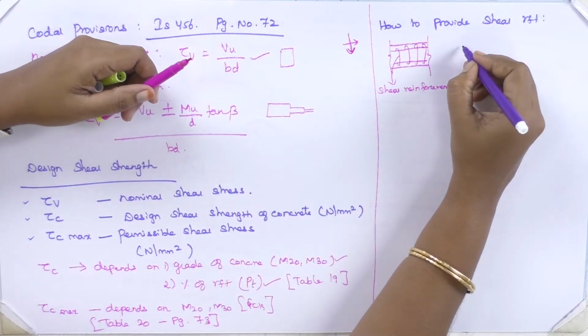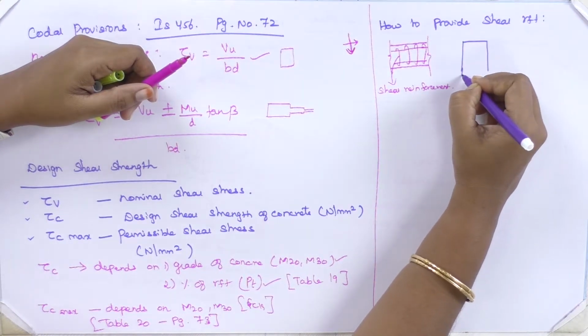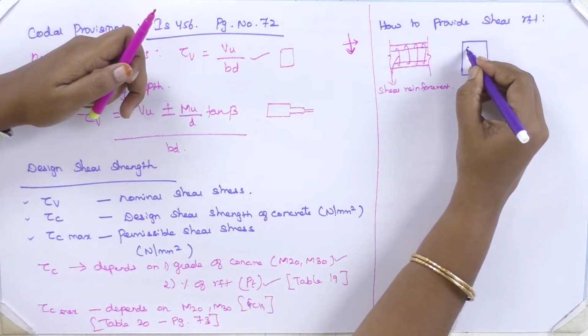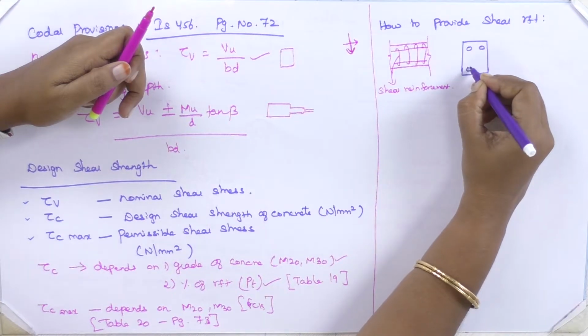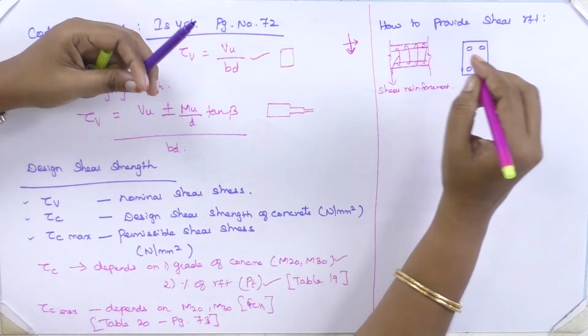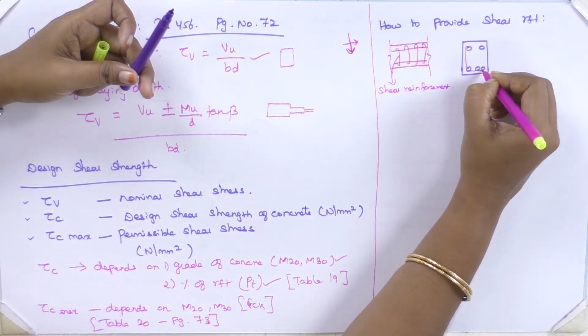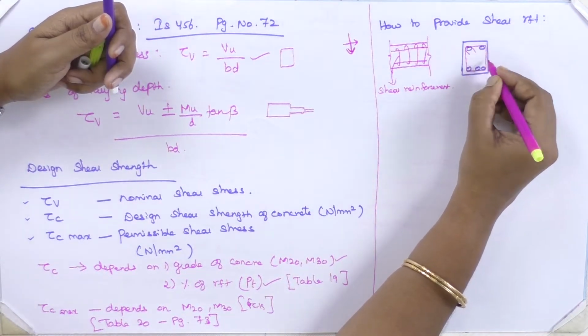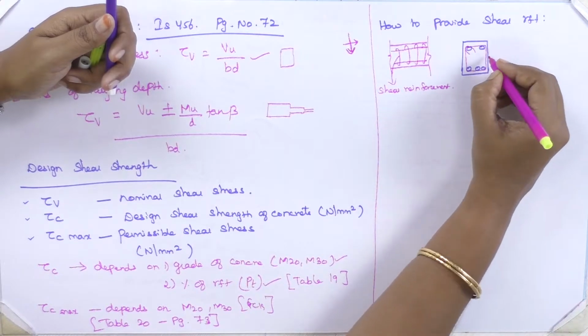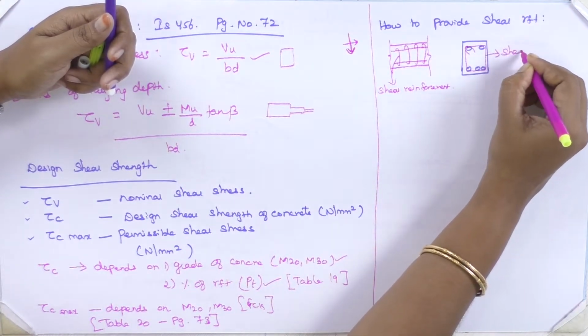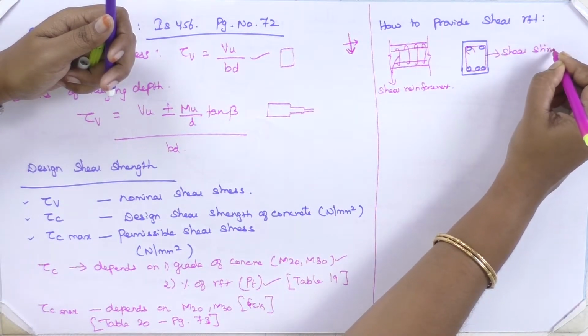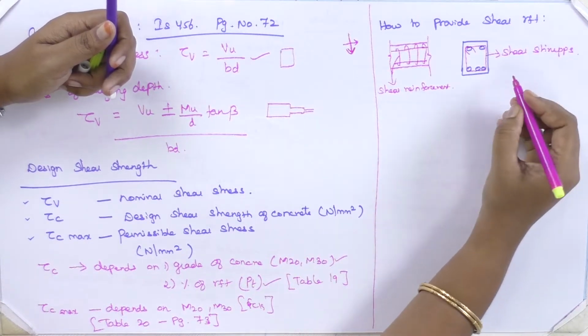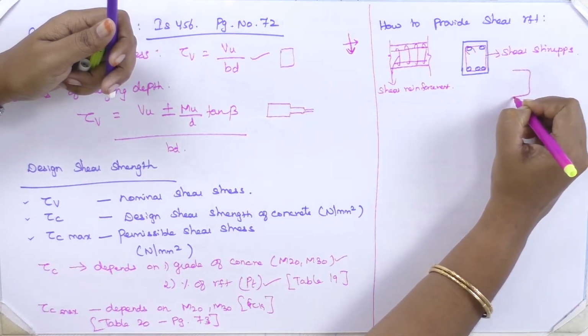Okay. When I see this, the pink area is nothing but the shear reinforcement. This is called shear stirrups. Okay, it will be like this.